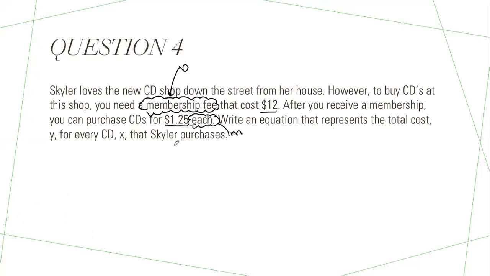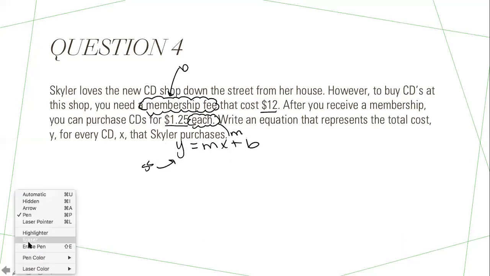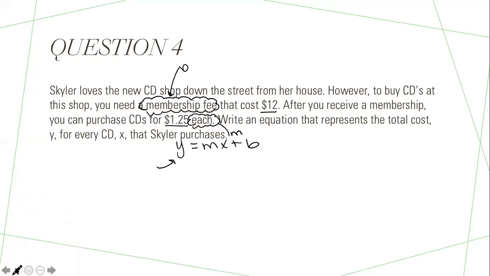Write an equation that represents the total cost, y, for every CD x that Skylar purchases. So y is how much money I'm spending, and x is the amount of CDs. So write down what you think the equation would be.